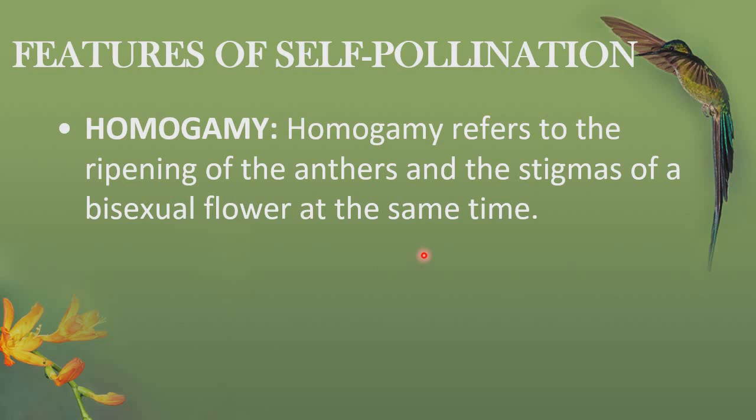Why? Because pollinating agents can readily carry mature pollen grain from mature anthers to the receptive stigma. Again, the filament of the anthers may recoil. You can see recoiling of the filament. They can bend over since the anthers are matured and the stigmas are also matured.